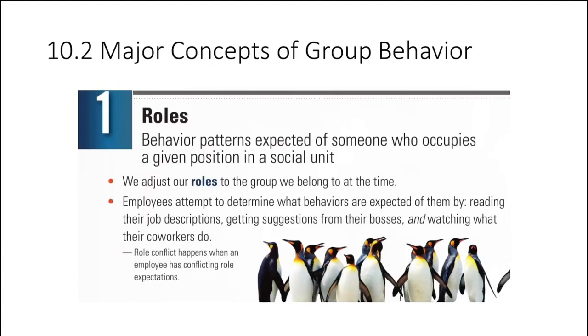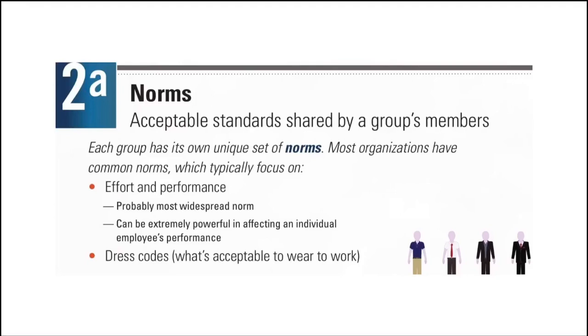Okay, so dekat role kat situ kita akan ada ketua, kita akan ada penolong, kalau group tu dia kecil tapi setiap individual member of that group has salient responsibility that they have to do. So kat situ akan ada dia punya specific rules lah, so kita kena follow. So that is the first concept of group behavior.